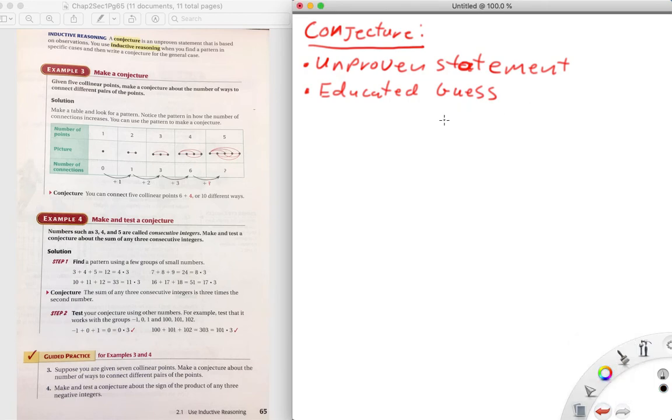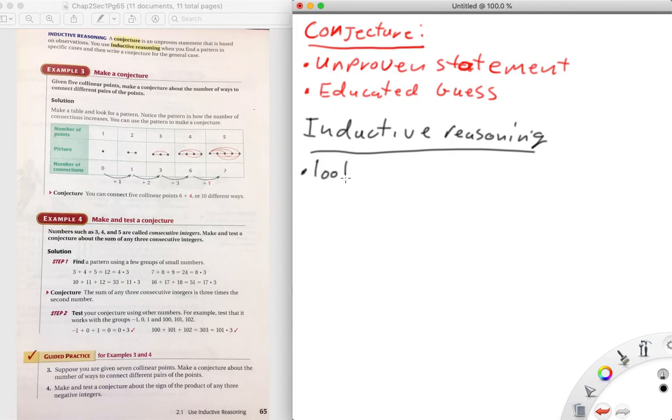Then they talk about inductive reasoning, and inductive reasoning is looking at a pattern or a scenario and making a conjecture or an educated guess off of the scenario.